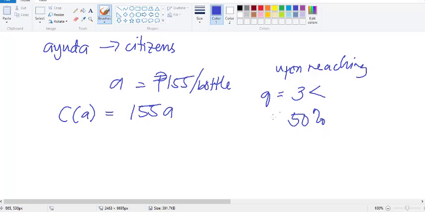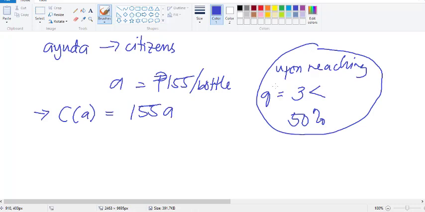Magiging piecewise function na siya, no? Kasi aside from this, ito yung first condition, kailangan mong gumawa ng another mathematical model for this condition. So magiging ganito na ang itsura niya. Magiging ganyan na siya.